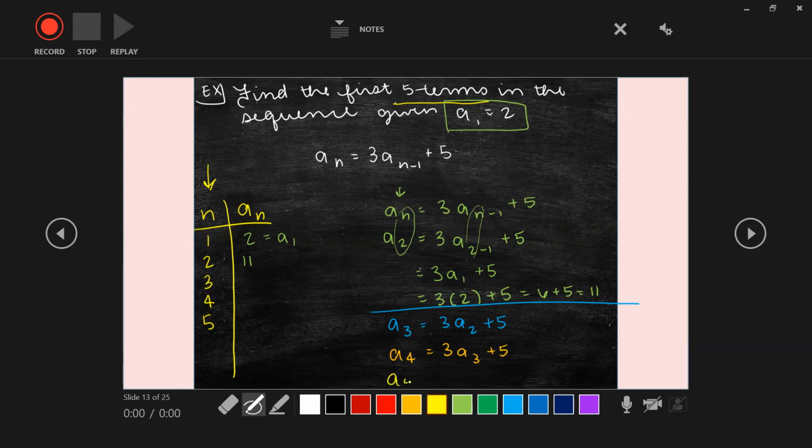If I'm trying to find a sub 5, that means my equation is going to use a sub 4. Do you see how that works, that pattern? That's why we call them consecutive terms. And that's why it's recursive, because we're using the same information over and over again.